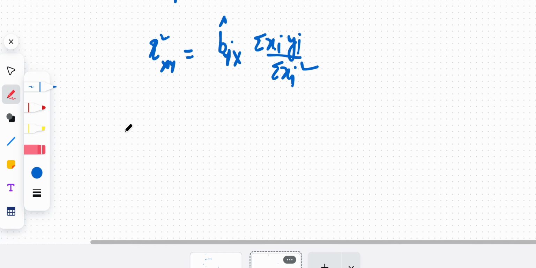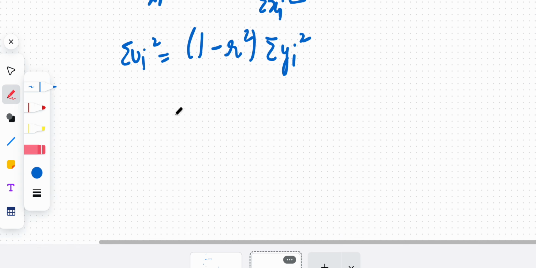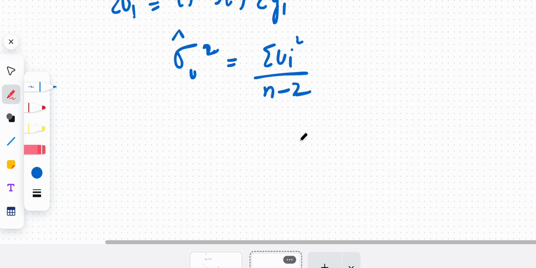Right, now summation ui square is (1 minus r square) summation yi square, and this is the variance of u, this upon this.